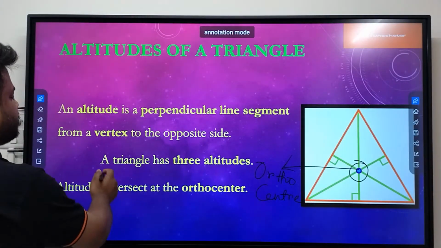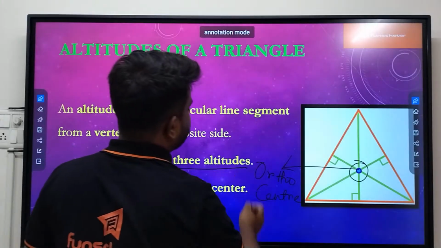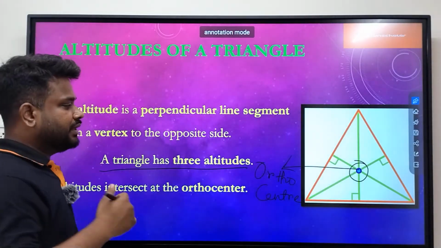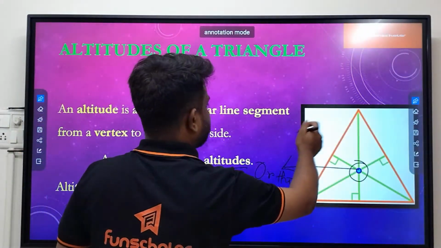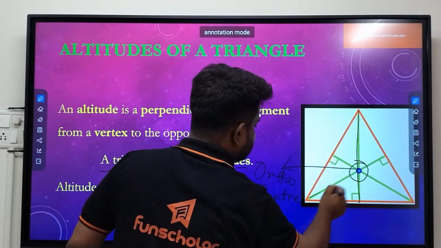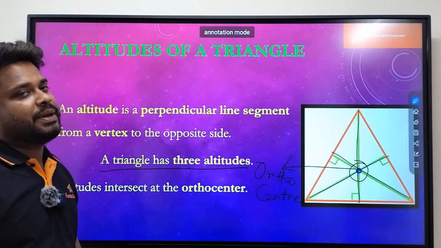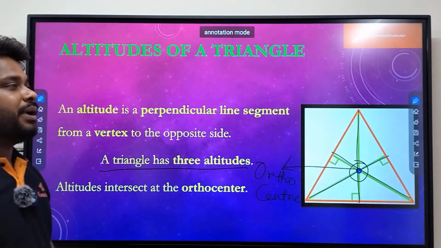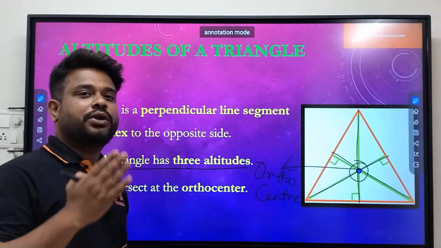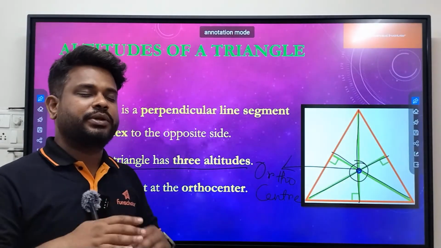And a triangle has three altitudes. This is also a similarity with the medians, and the drawing of an altitude will be the same as for the medians. But the differences between altitudes and medians we will discuss later.